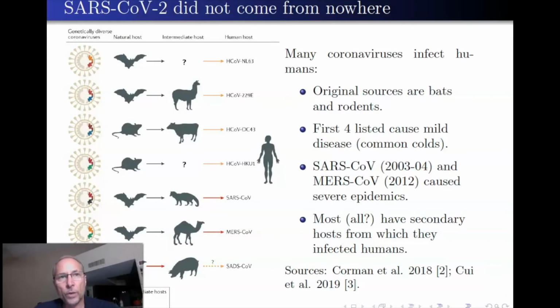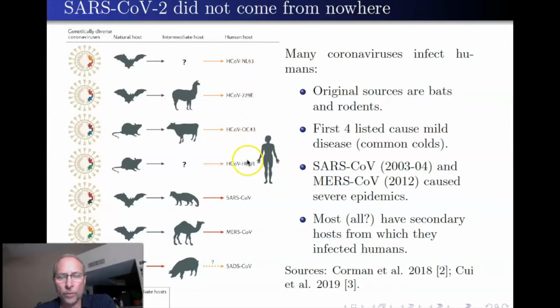The question that we have to address right now is where did this coronavirus come from? Where did the SARS-CoV-2 virus come from? It turns out that the coronavirus is not uncommon in the human population. There are a number of coronaviruses that cause disease, and here's a summary of them. There are these four, 1, 2, 3, 4, and they have fancy names, HCoV, NL63, 229E, and so forth.